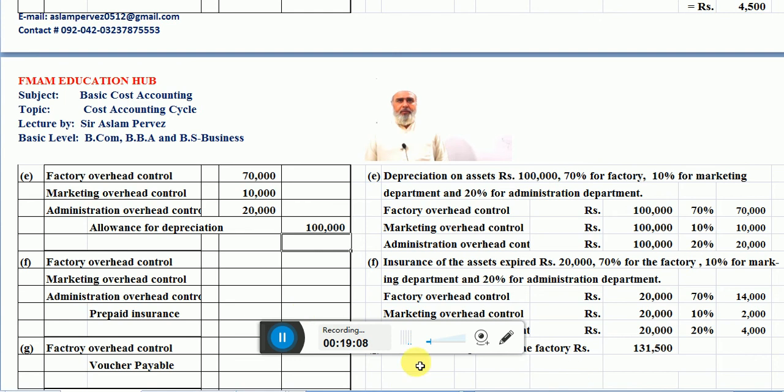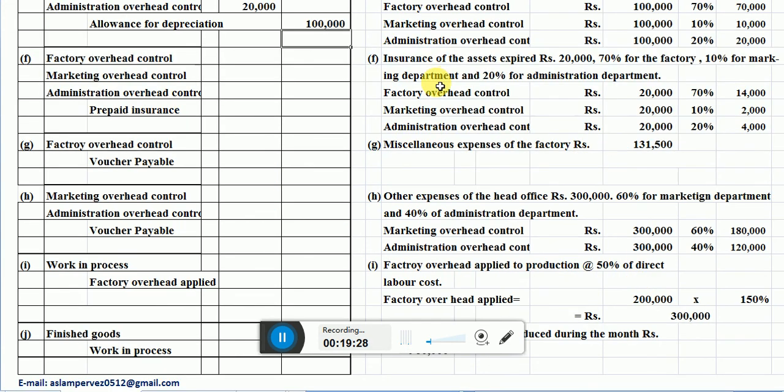Now students, the second transaction is insurance of the assets expired, 20,000, 70% for the factory, 10% for the marketing department and 20% for the administration department. Now we again distribute the insurance which has expired against the given three heads, factory overhead control, marketing overhead control and administration overhead control, which is 14,000 rupees against the factory overhead control, 2,000 rupees for the marketing overhead control and 4,000 rupees for the admin overhead control here.